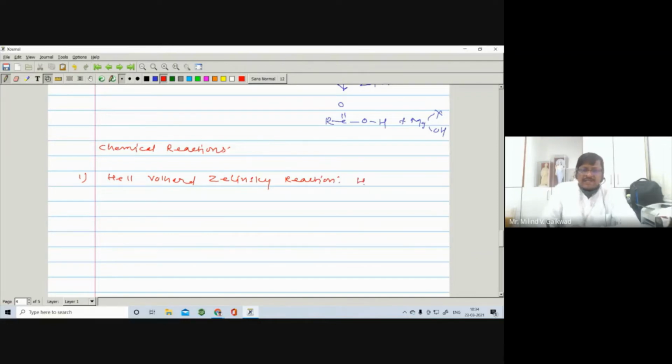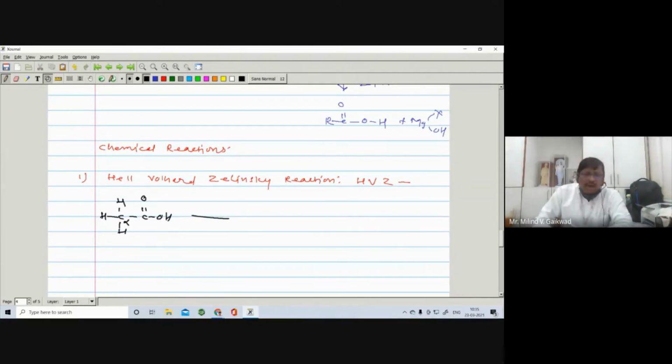It is called the HVZ reaction. So here, if there is a presence of an alpha hydrogen atom in the carboxylic acid, then it undergoes halogenation. How? Suppose there is such a type of acid, H, and here is H, here is C double bond O, OH. This is the alpha carbon. So there is a presence of 3 alpha hydrogen atoms.